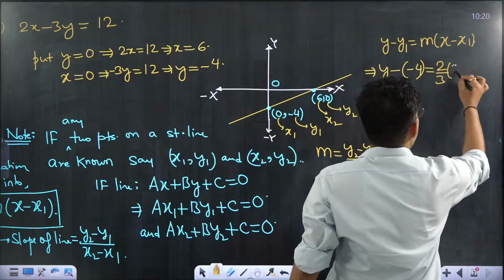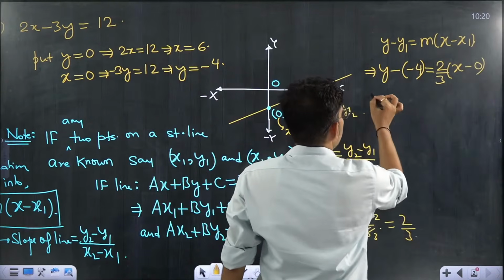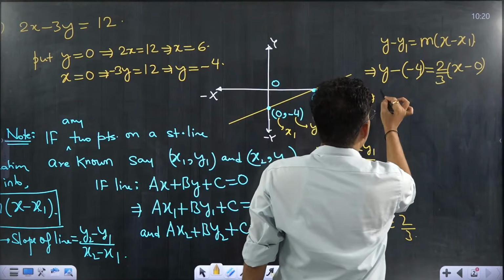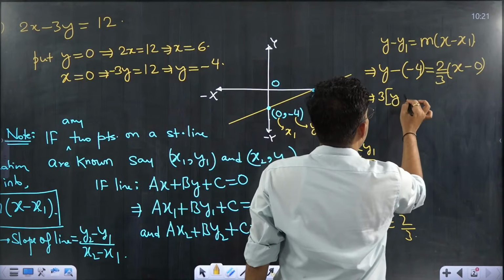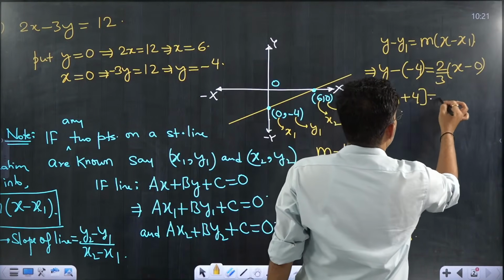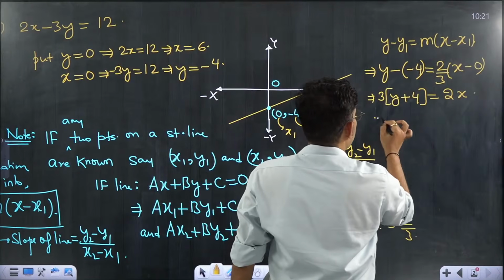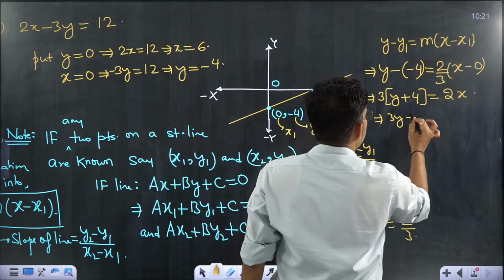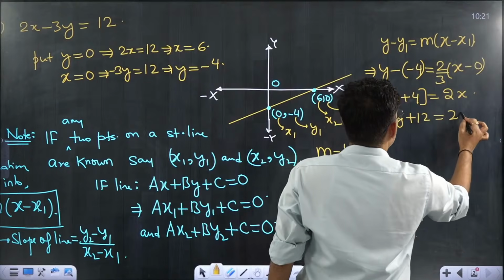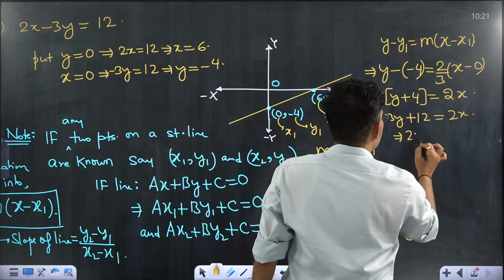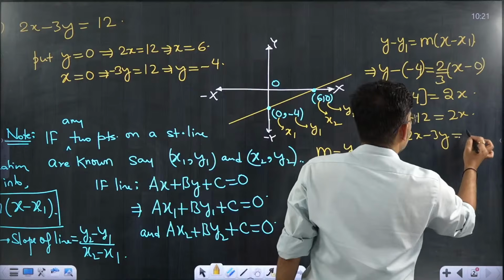So I will write x minus 0. Let's see. 3 multiplied this side, y plus 4, 2x. This means 3y plus 12 is equal to 2x. This means 2x minus 3y is equal to 12.